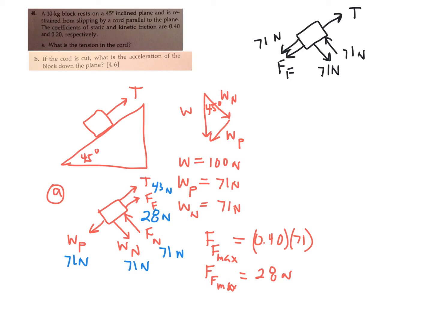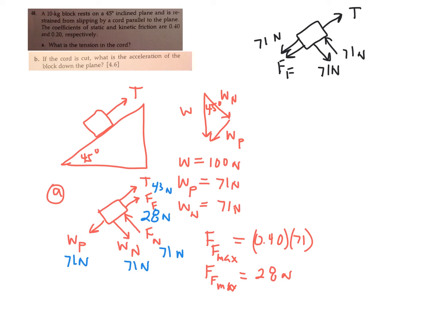Once again, if I pull with a tension of 71 newtons, we don't even need friction. Friction would be 0. Once I exceed 71, say I go to 80 newtons upward with my tension, then my force of friction would be 9 newtons to keep this all balanced, because static friction will match to keep the situation at an F net of 0.